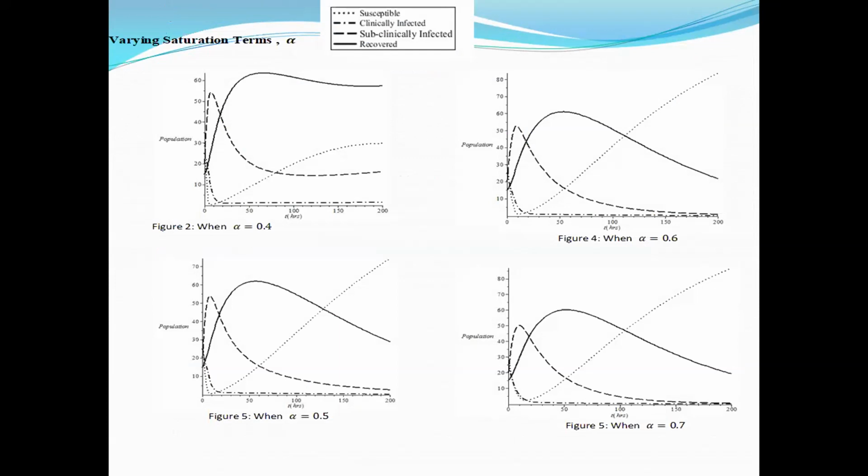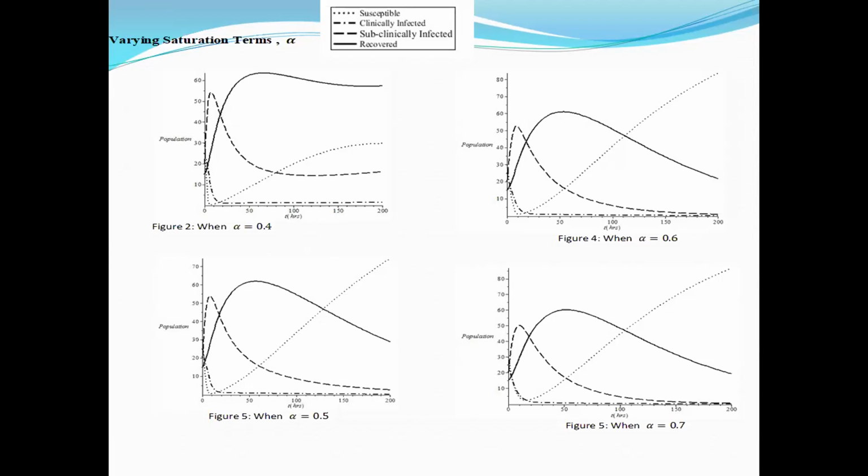So it can be seen that when we vary the saturation term, there is an increase in the susceptible class and the recovered class. If we look at the graph, the saturation terms, which happen to be the terms that give us information about the disease, make the susceptible class and the recovered class reduce, then increase.